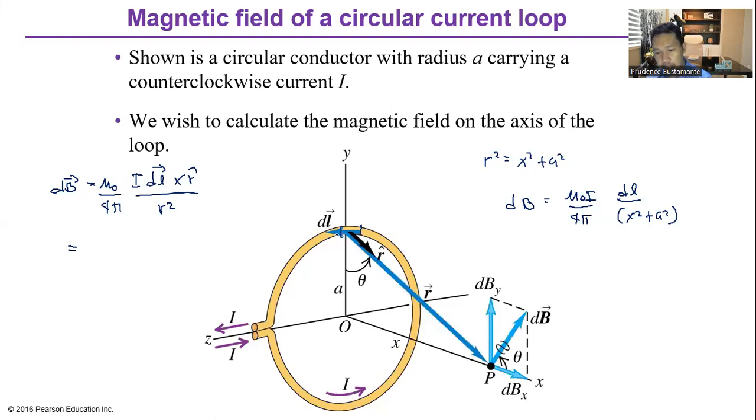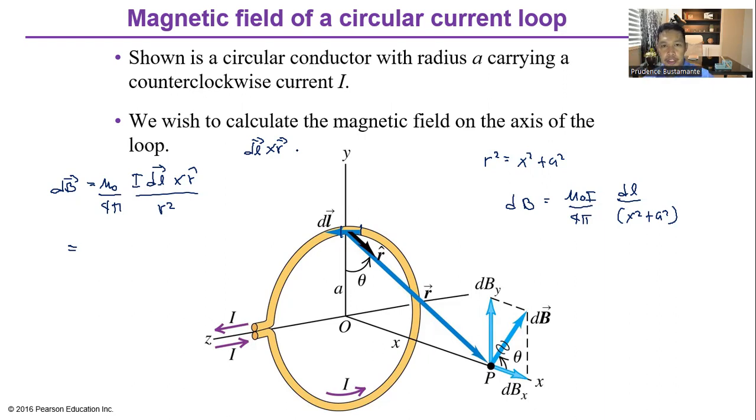Since dl and r are perpendicular, dl cross r is in that direction, perpendicular, so it actually has x and y components. Let me go first to that.